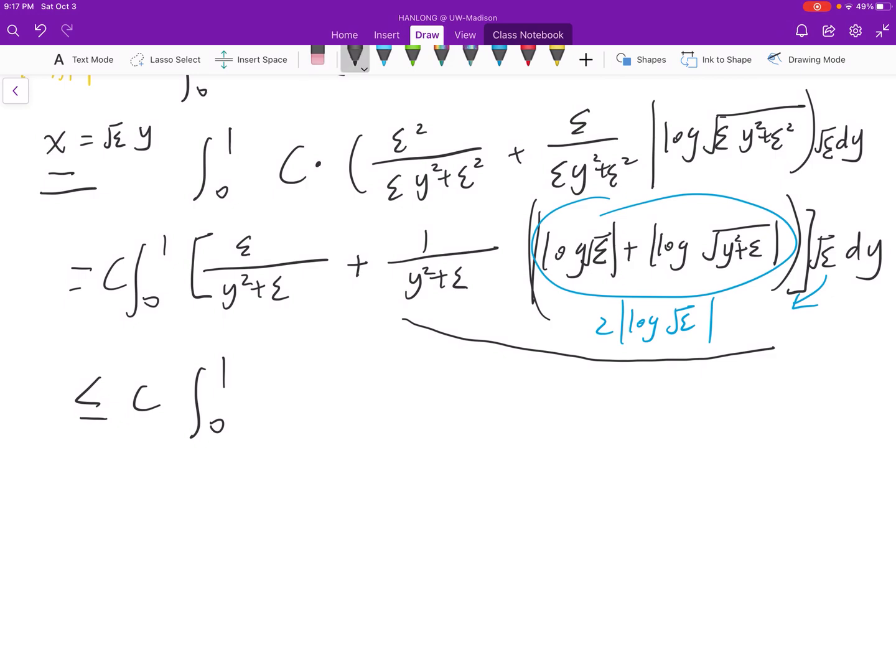So this will be less than this, in magnitude. So we have log square root epsilon, absolute value of y squared plus epsilon, square root epsilon dy.